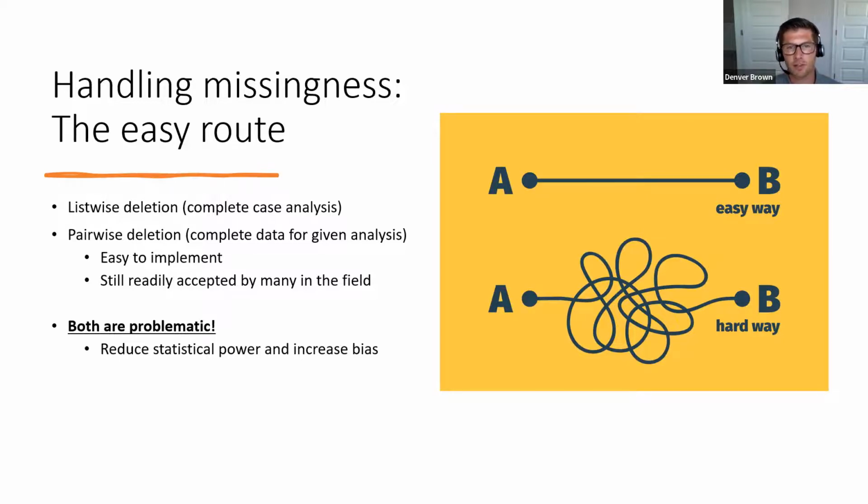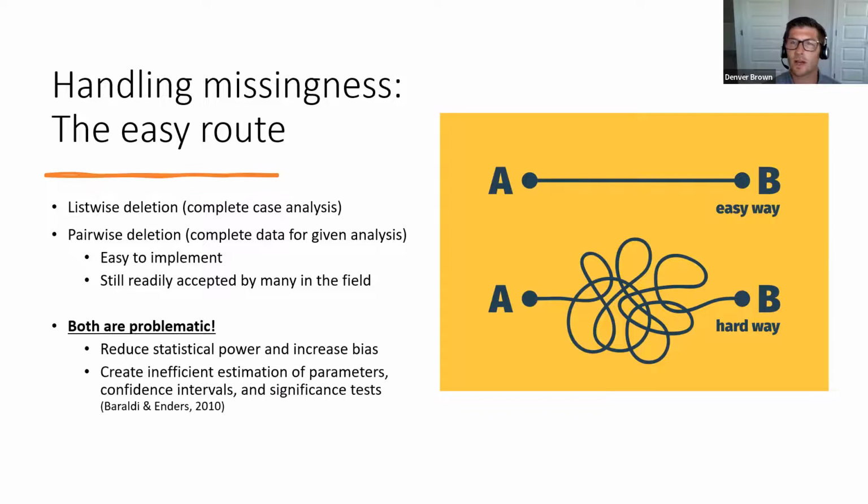Maybe it's people of a certain race or ethnicity, or certain age, or their disability or chronic health condition status. Losing these individuals from our analyses is really going to bias our findings, which creates some downstream problems, which I'll touch on in a second.